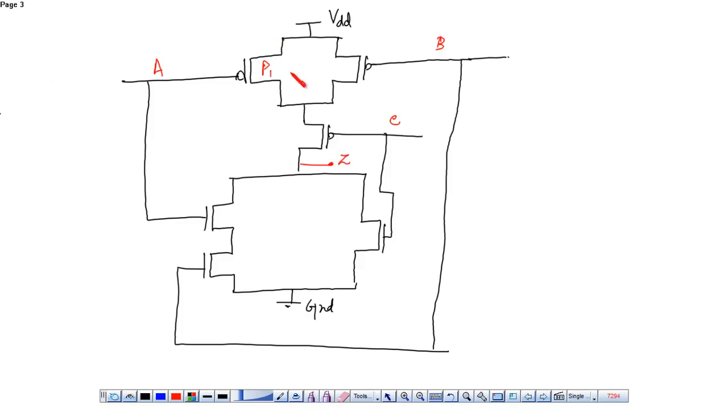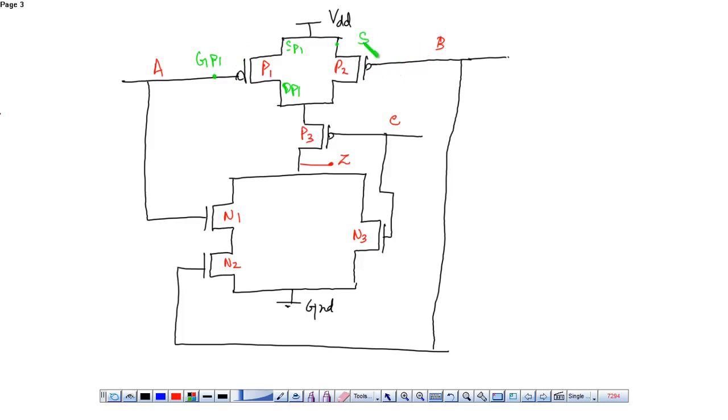So this is P1, P2, P3. This is N1, N2, and N3. This is the source of P1, the drain of P1. This is the gate of P1.